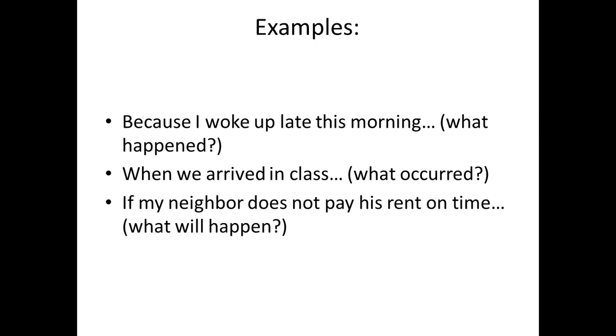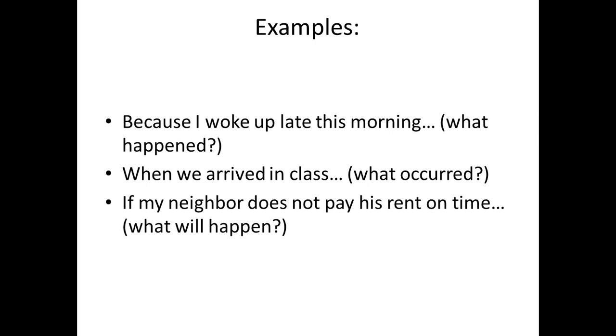As because is the word of reason. Without it, although I woke up late this morning, it's a complete sentence. It's a complete clause. But when we added the word because with it, it made it dependent upon some other sentence. And yet the meaning is what happened.